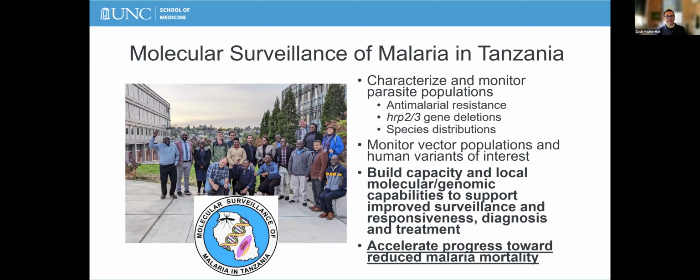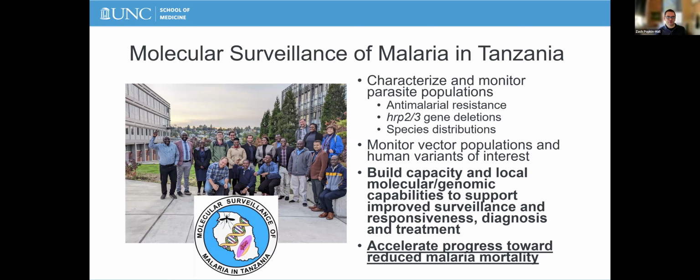So characterizing anti-malarial resistance, characterizing HRP2 and 3 gene deletions to look at the prevalence of diagnostic evasion, and then the focus of my talk and my work with this project, to look at the species distributions in mainland Tanzania. More recently, this project has also added 2 other goals, to monitor the vector populations in Tanzania, as well as to monitor human variants of interest, so things like G6PD.